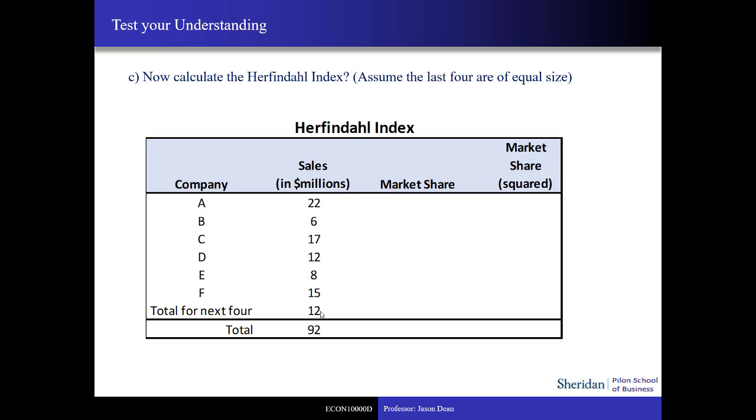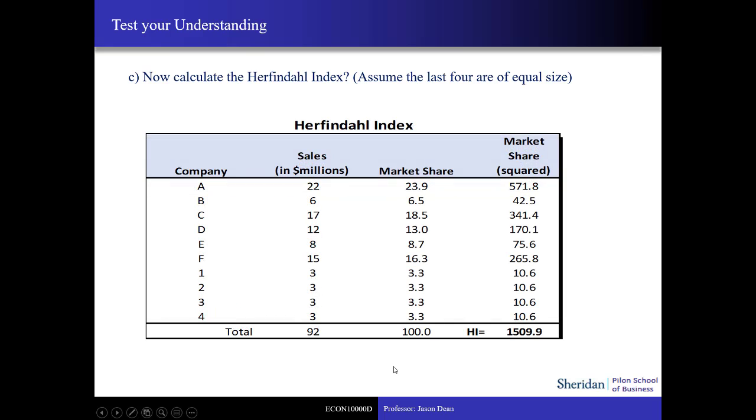So their sales would each be 3 million, because 3 times 4 gives you 12 million. Then each of their market shares would be 3 divided by 92. Once we have those, we square them and take the sum.